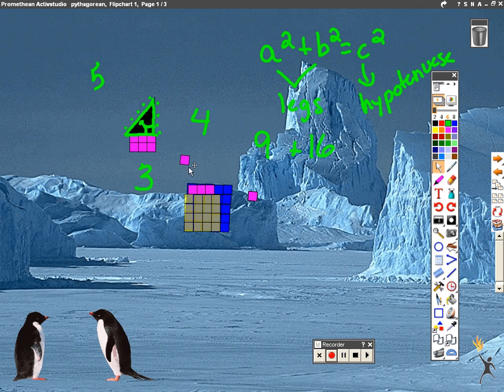Okay, so there's 1. Remember, I can use up 6. 2, 3, 4, 5, and 6. I did it a little sloppy, but if you notice, when I took all my pieces, they filled in my hypotenuse perfectly. 9 plus 16 is 25.